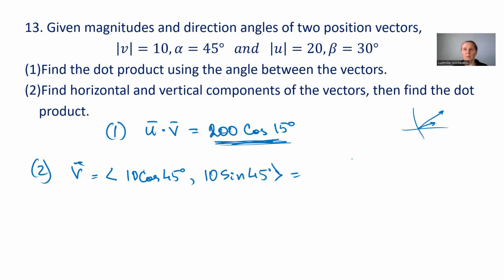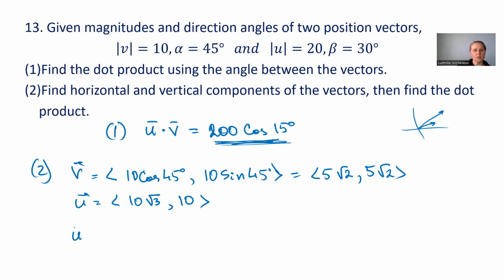So sine and cosine are both square root of 2 over 2, right? So we have 5 square root of 2 and 5 square root of 2. For the second vector, we have 20 times cosine and 20 times sine. So we have 10 square root of 3, cosine of 30 being square root of 3 over 2, and 10. So 20 times 1/2 is 10.